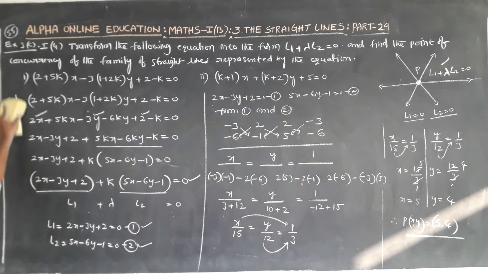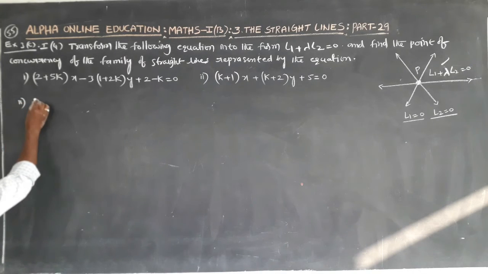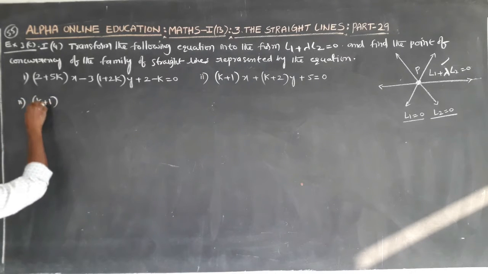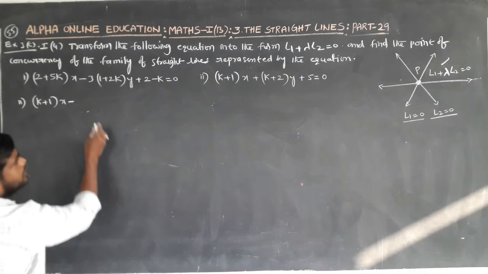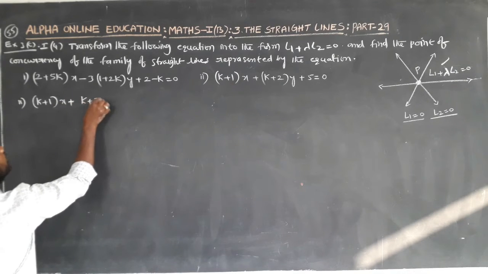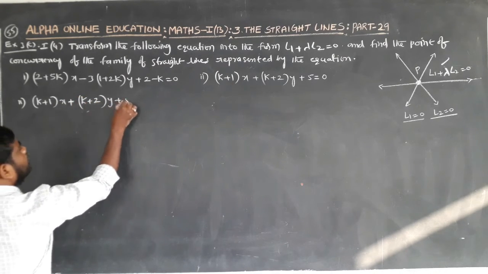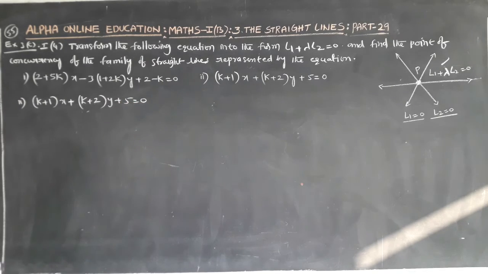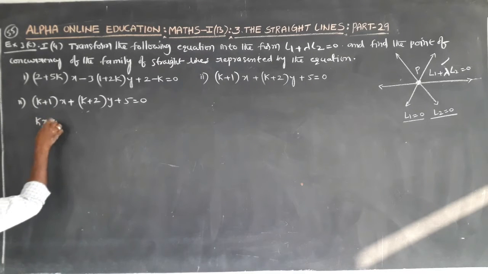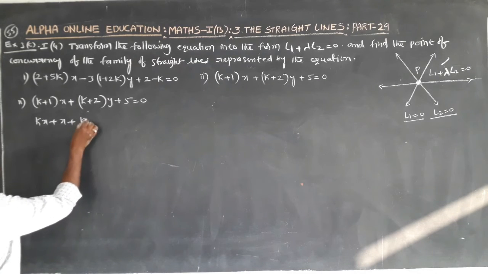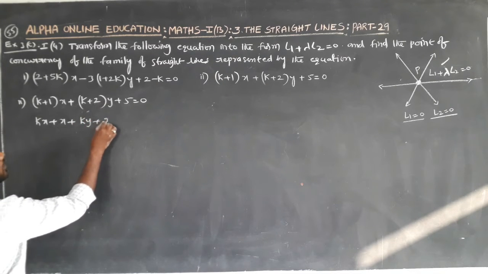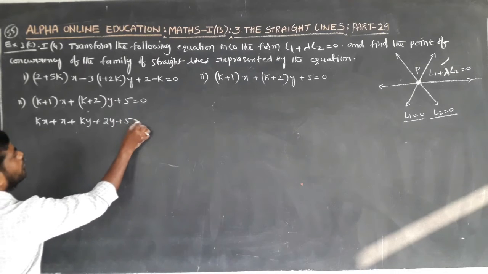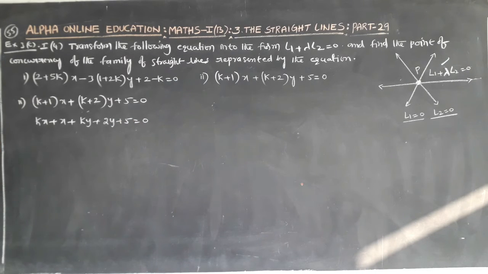Again, the second one. The equation is k plus 1 into x plus k plus 2 into y plus 5 is equal to 0. First of all, multiply out: k into x is kx, plus 1 into x is x, plus k into y is ky, plus 2 into y is 2y, plus 5 is equal to 0.